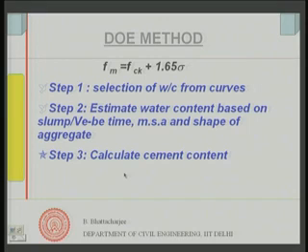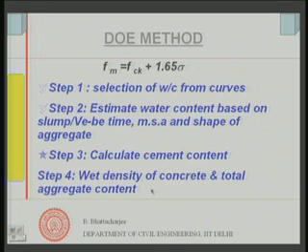Then we find out the cement content, because we know the water cement ratio by this time. Through step 1 and step 2 we have come to know the water cement ratio and then the water content, hence the cement content is known to us. Then I can find out the total aggregate content, provided I have some way to determine the total wet density.